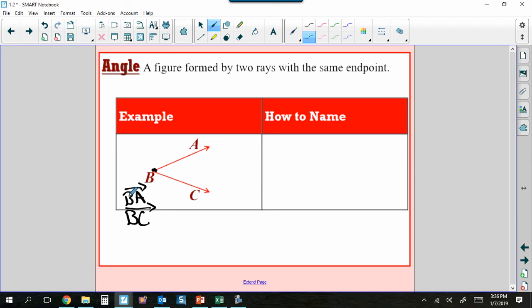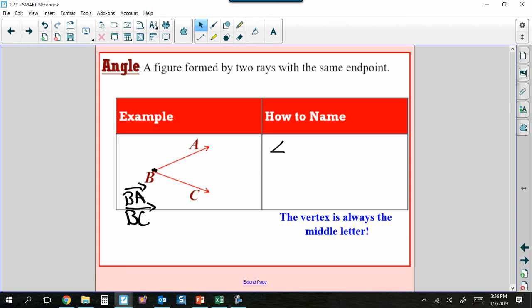To name this, you are going to name it pretty much always with at least 3 points. You're going to put a little angle symbol, and then you're going to order the letters however you would like, as long as something called the vertex is in the middle. Your vertex is going to be the turning point for the angle.